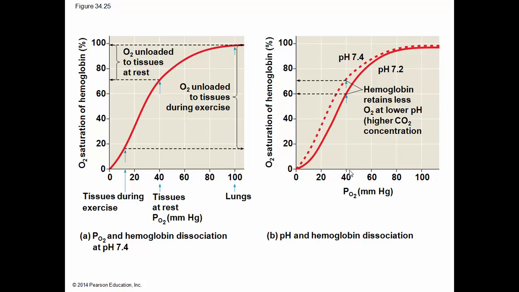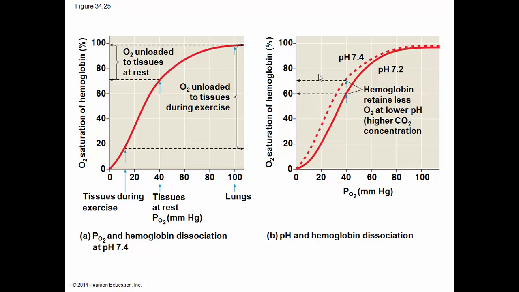So the pH is lower in very active tissues because carbon dioxide produced by cellular respiration reacts with water, forming carbonic acid. Thereby, hemoglobin releases more O2, which supports the increased cellular respiration in the active cells.